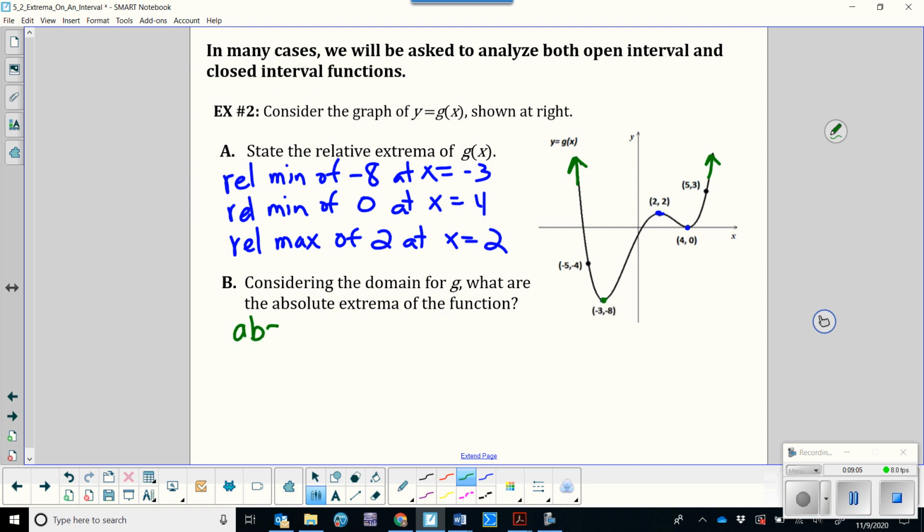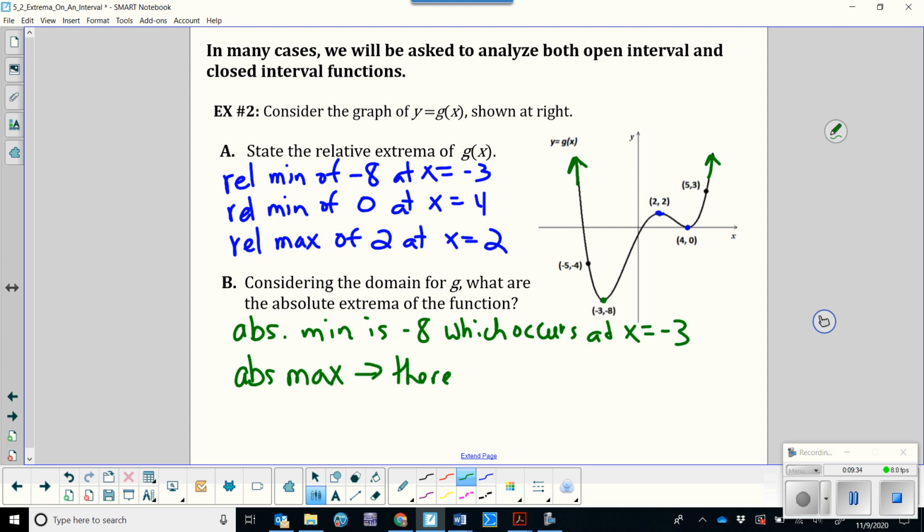So the absolute min is, again, -8, which occurs at, or you can just say at, but I kind of like saying which occurs at, because it helps you remember that that's where it happens, not what it is.